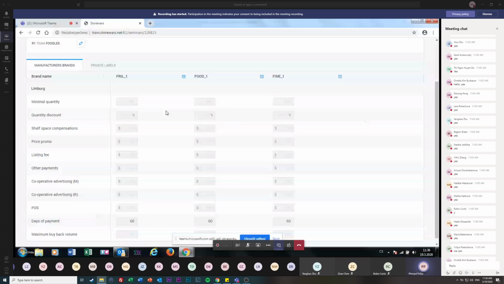You can extend the shelf space, and you can pay for the shelf space, which should be mentioned here. How much? What's the condition? How big shelf space? You can get money for price promotion. As you know, retailers should promote or can promote their products and basically they can get support from manufacturers, which should be indicated here, how much and related to the product.